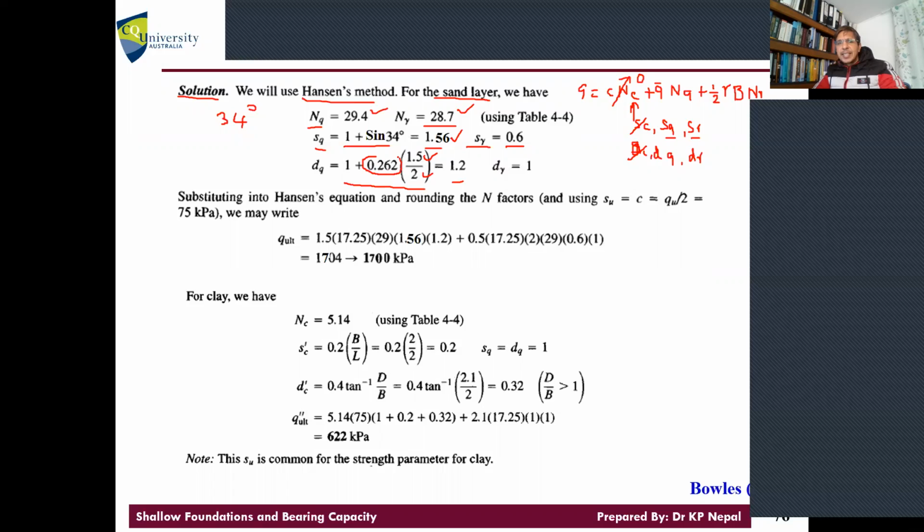You can directly take this value from the table also. How much did you get? 1.2 is okay? Check now. Yeah, it's okay, right?